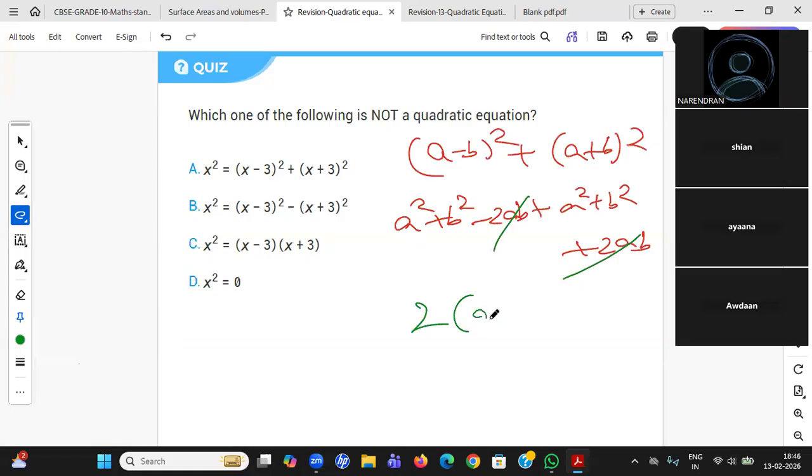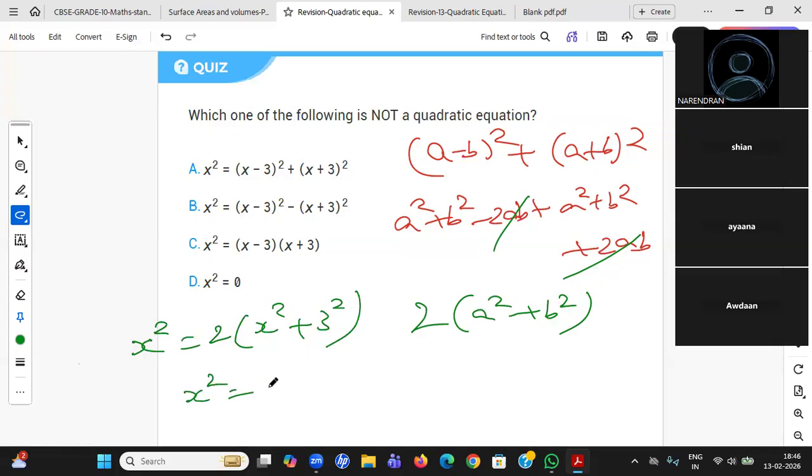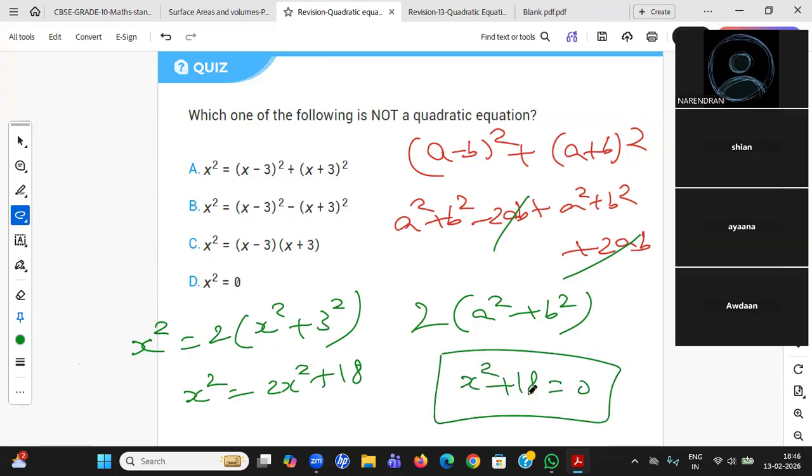It is just 2 times (a square plus b square). So left side is x square, right side is 2 times (a square, which is x square, plus b square, which is 3 square). So it is nothing but x square equal to 2x square plus 18. So x square will go here, x square plus 18 equal to 0. You see, it's still a quadratic equation.